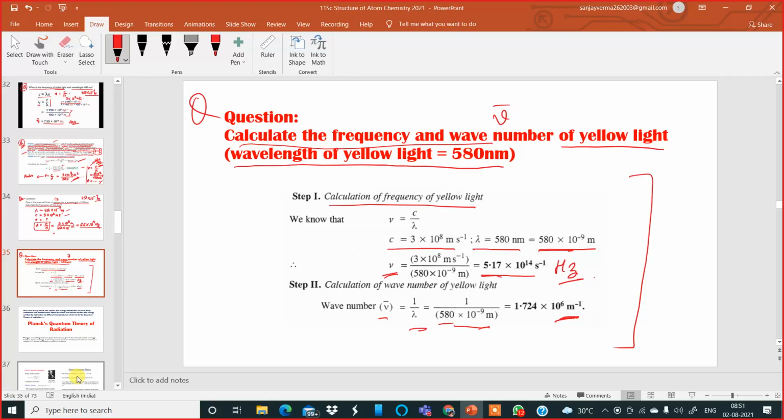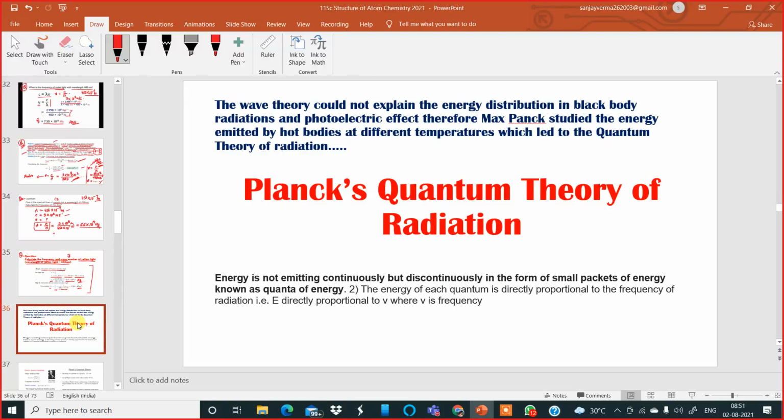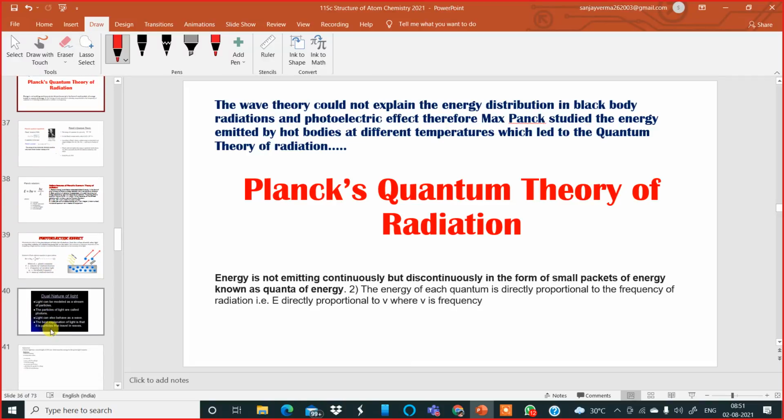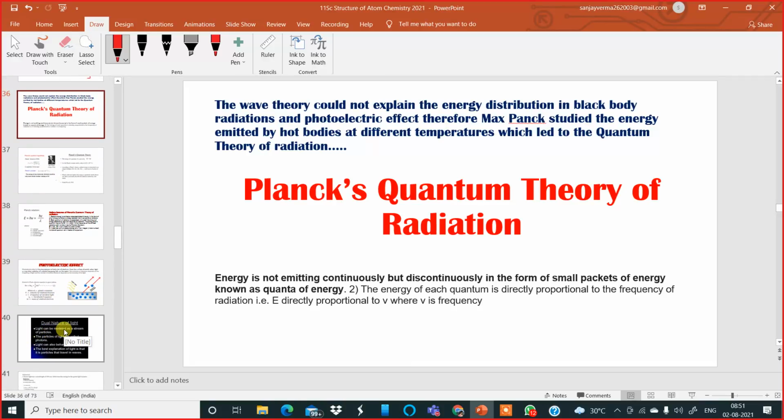Now let us move further, my dear boys, to the next part of this chapter, which is called Planck's quantum theory of radiation. This is the next subtopic of the chapter. Before jumping in, let us have a look at this.